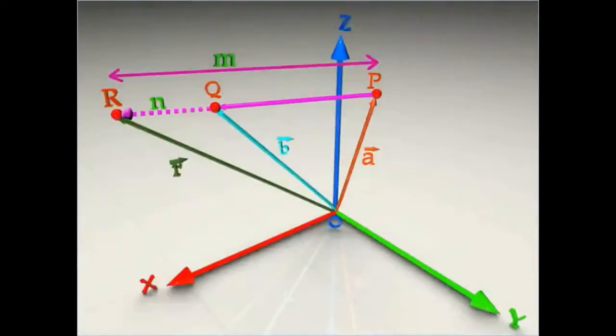Now suppose this point R divides the line segment joining the points P and Q externally in the ratio m:n.